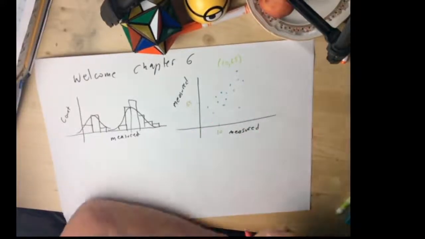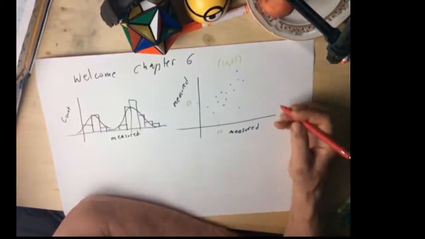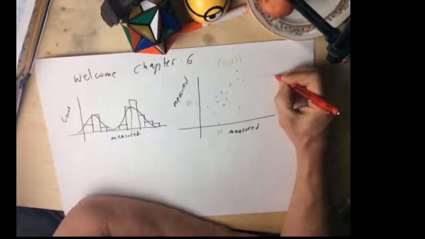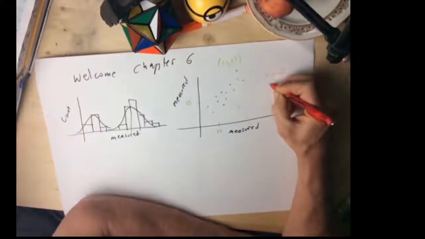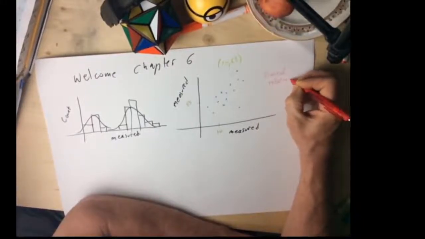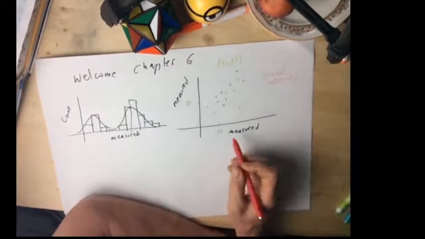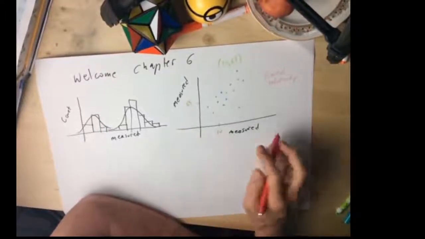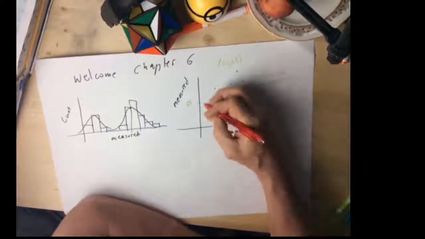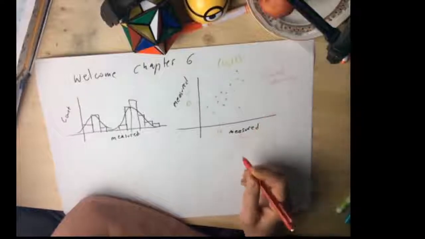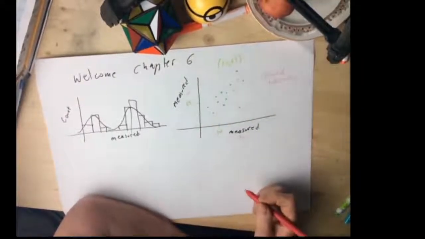Now, what we see going on here, there seems to be a relationship. There's a potential relationship. This relationship seems to be, and we were using measured age and weight here, it seems to be as you get older, you gain weight.